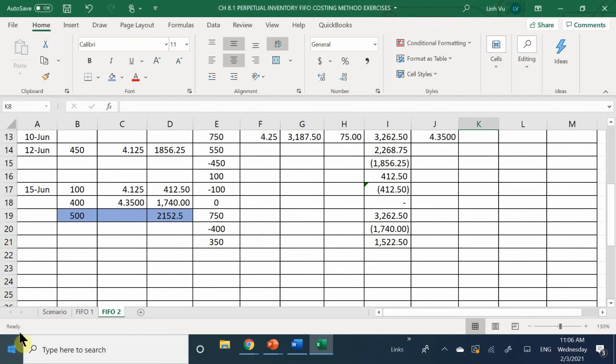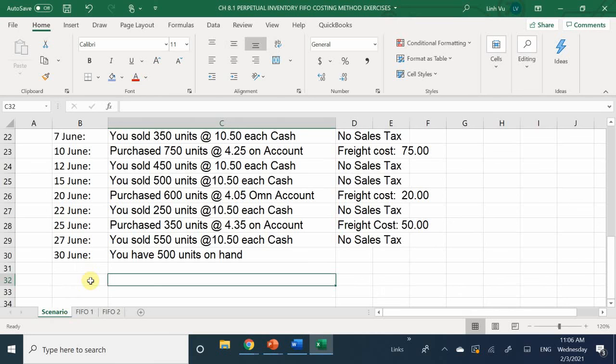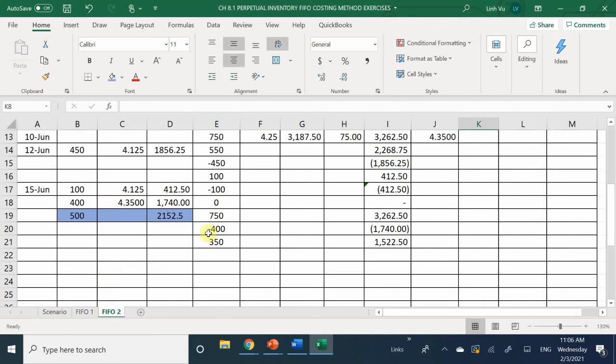All right, little more, guys. We're almost there. So what happened on June 20th? Purchase 600 more units at 4.05, with freight costing you $20. So this is June 20. Did you say we bought 600 more items at 4.05 with a freight costing you 20?